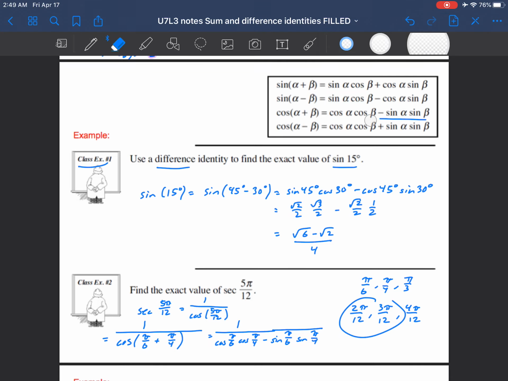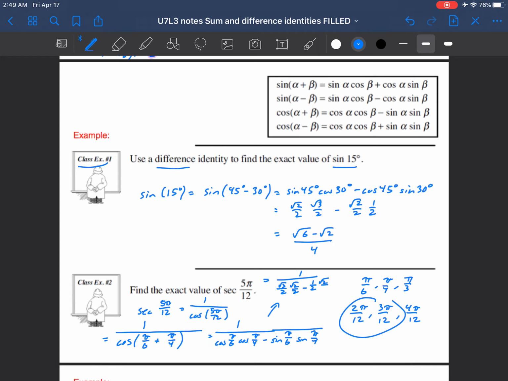Okay. Now again, got to know that unit circle so I can compute this. So this is going to equal 1 over cos pi over 6, that's root 3 over 2. Cos pi over 4, that's root 2 over 2. Sine pi over 6, that is a half.